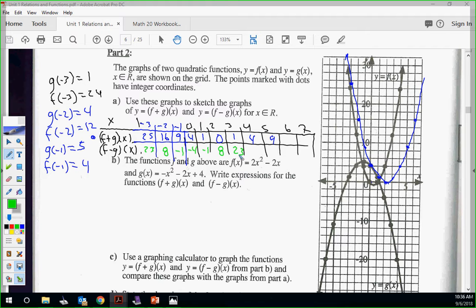Now we can graph this one. So negative 3, 23. Then we have negative 2, 8. We have negative 1, negative 1. And 0, negative 4.